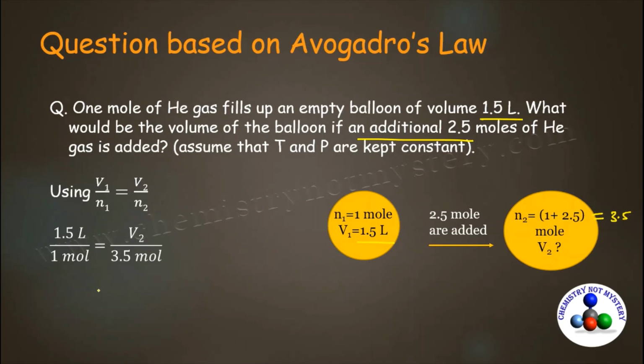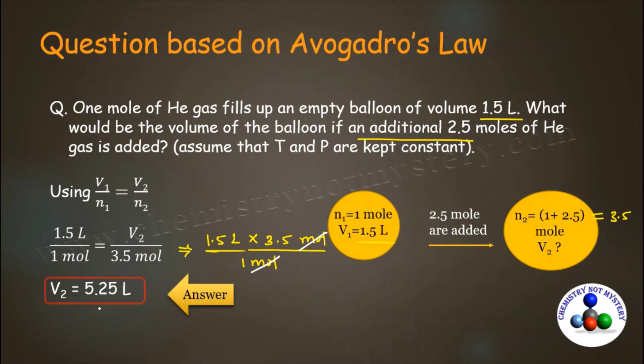Now solve this equation. When you transfer 3.5 moles to the opposite side of the equation, you will get 1.5 liter multiplied by 3.5 moles divided by 1 mole. Mole will cancel out by mole and 1.5 will multiply by 3.5, and on solving it you will get 5.25 liter. And this is the answer for this question.